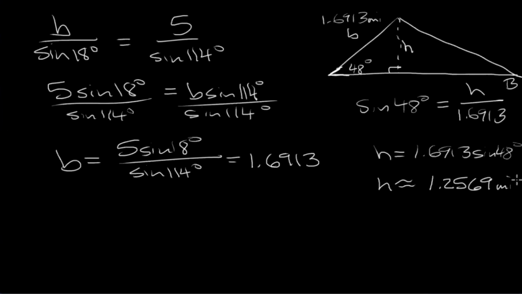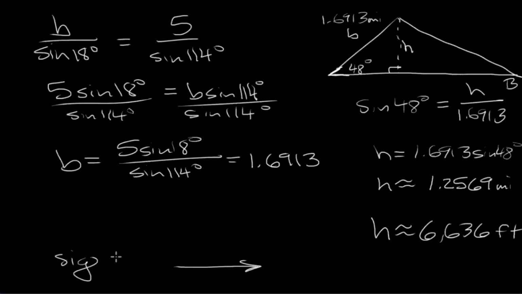If you took that and multiplied it by 5280, the height in feet would be about 6,636 feet. And what were the significant digits in the original problem? So if we were to use significant digits, it'd be approximately 7,000 feet.